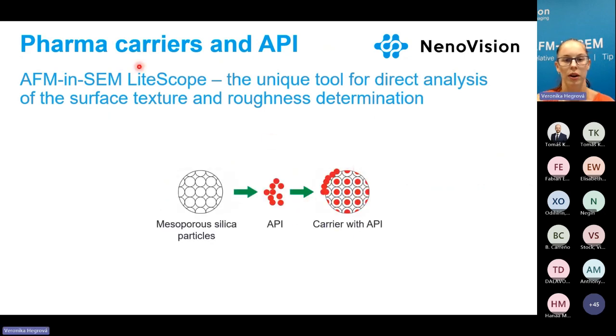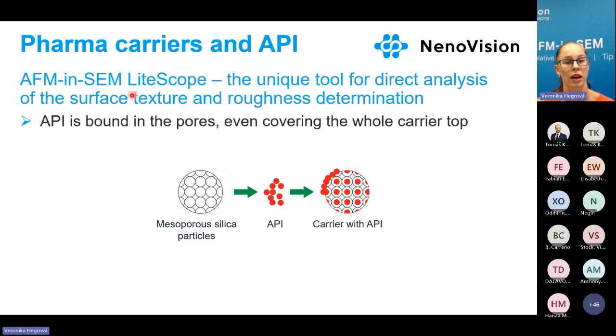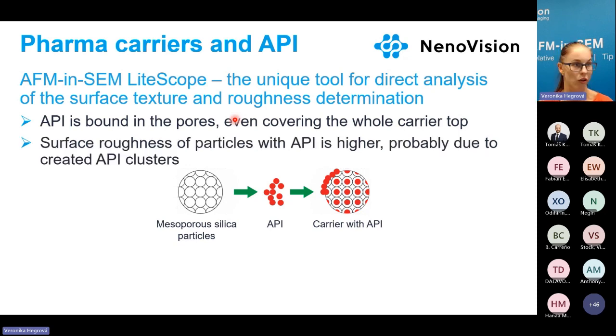And so if I should sum it up, AFM-in-SEM is a unique tool for direct analysis of the surface texture and roughness determination. What we found out is that the active ingredient is bound in the pores, but depending on the amount of the active ingredient, it can be either only in the pores or covering the whole carrier top.